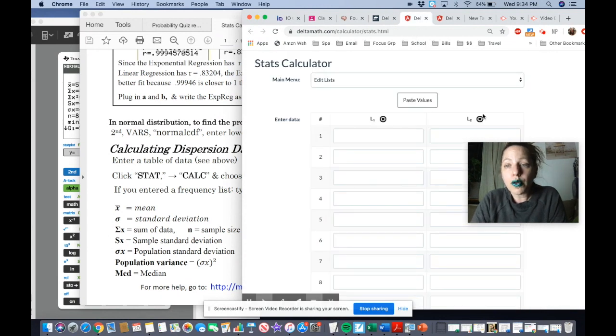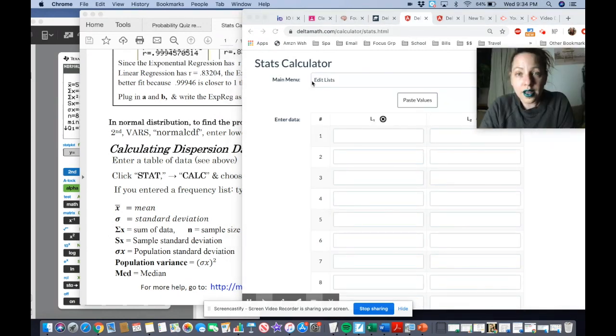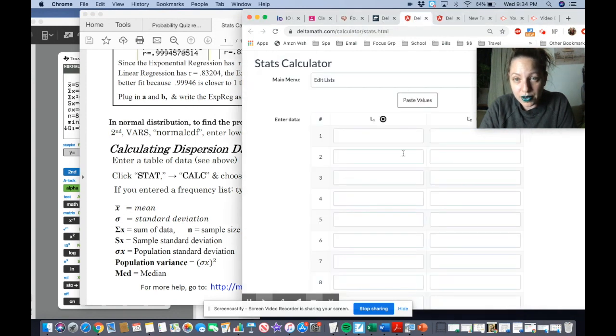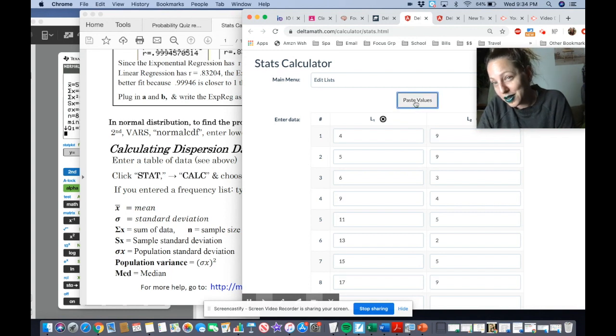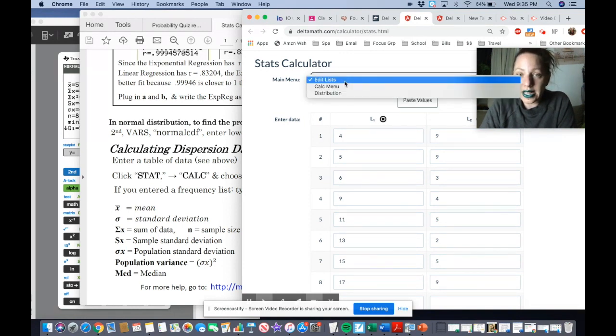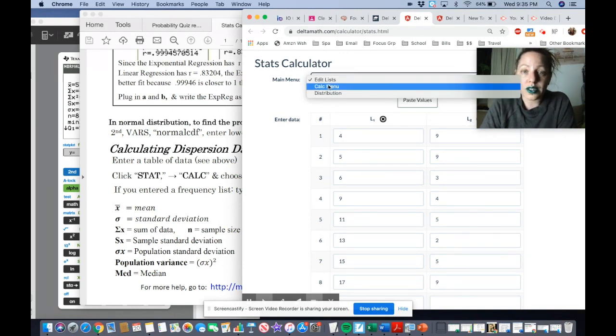Now you can go through and type in every single number that you see here, or we can do the cheater way and just hit paste values. And the computer does it for us. So thank Zach for Delta Math that he did that. So the first thing is just entering the data. The next thing we're going to do is calculate. So instead of edit list, we're now going to go to the calculate menu.